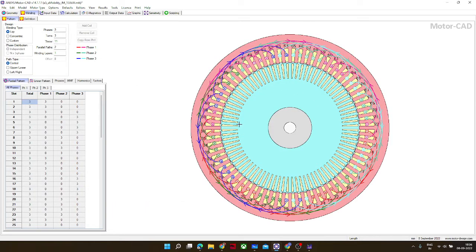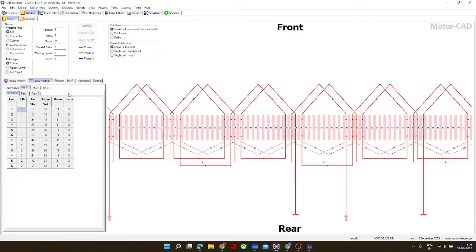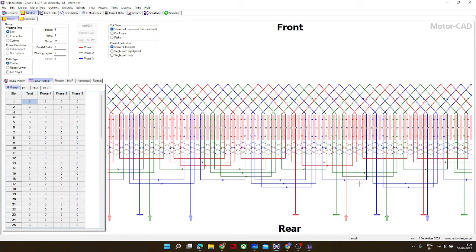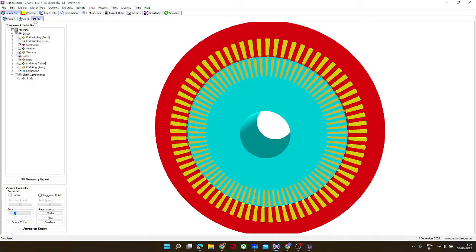You can see how the winding is wound, and if you want to see it for a single phase, this is how distributed winding is generally wound. Or you might have seen the linear pattern, so you can see how these are wound. I wanted you to visualize this, because generally machines are taught in a theoretical manner and people are not able to visualize.